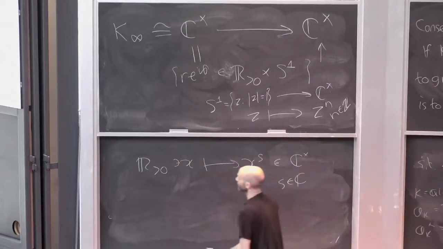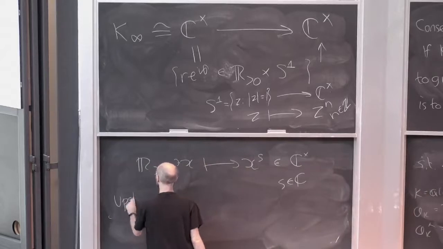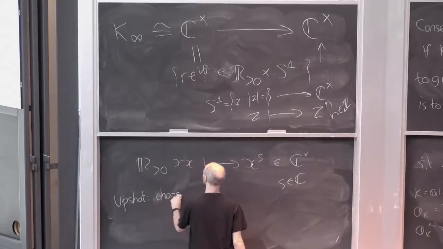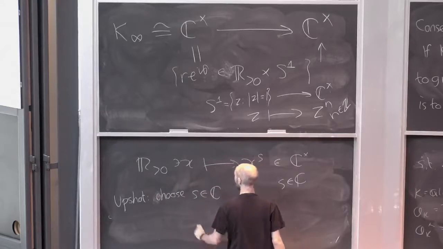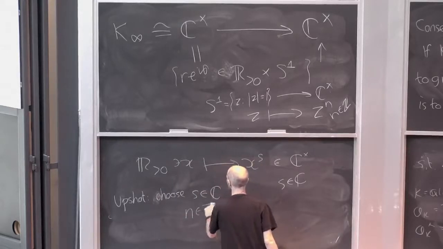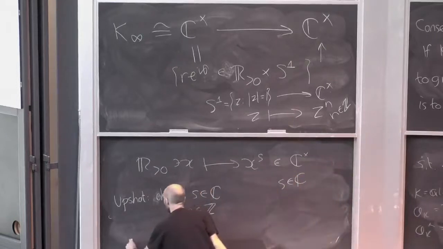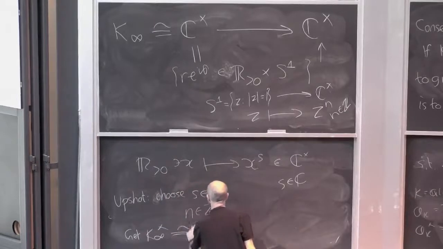So the upshot is, if we just choose some random s in the complex numbers, and we choose some random n, an integer, then I give you a map from K infinity star, isomorphic to C star, to C star.